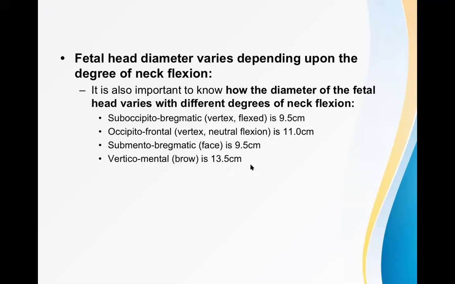The maximum diameter is attained by this type of presentation, verticomental. So this is a slight knowledge. It's a bit difficult for you at this stage to understand this, but trust me, when we move further into the different parts of this lecture, this knowledge will be very easy.